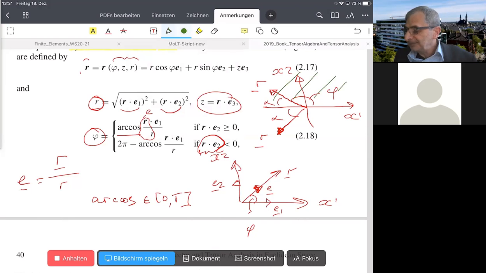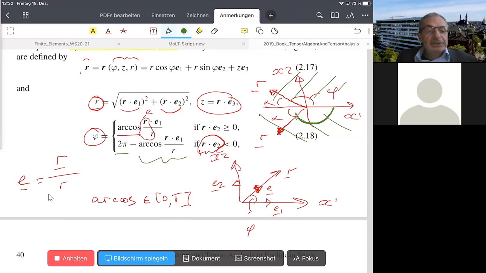But if it is smaller, then we are below, and then we simply calculate this angle phi, and then take 2 pi minus this angle phi, right? And then in this case, our solution for this angle phi is unique, and then we get exactly this unique one-to-one correspondence between a vector and these coordinates phi, z, and r.